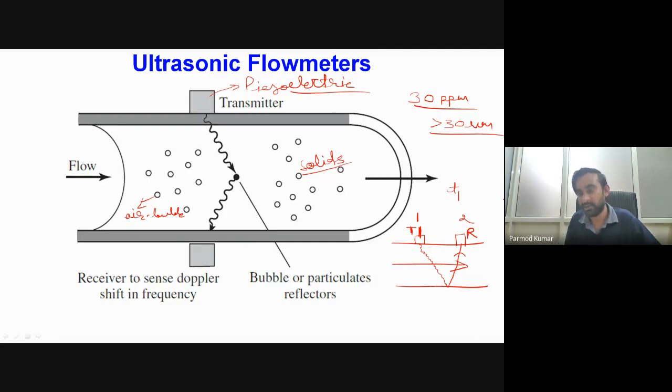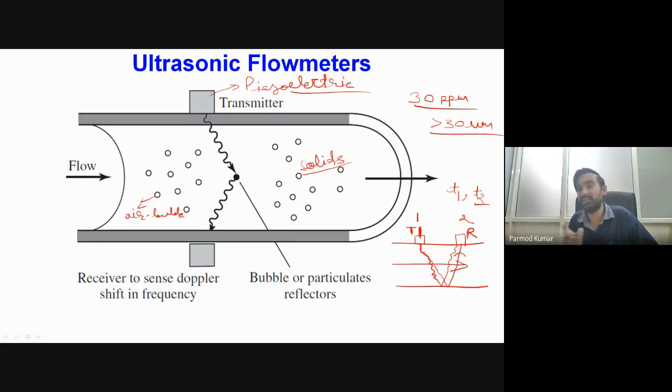In the second configuration, the signal is generated from the second transducer. It moves against the flow and is recorded at transducer number 1. Corresponding to that, once again some time period is measured, say T2.